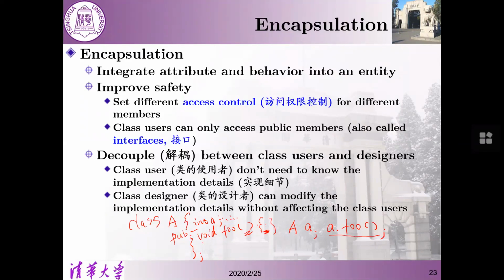Because you only expose the public interface to the class user. As long as you keep the interface the same, no worry about the class users, right? You just re-implement this function body. That's fine. So this decouples between class users and class designers.